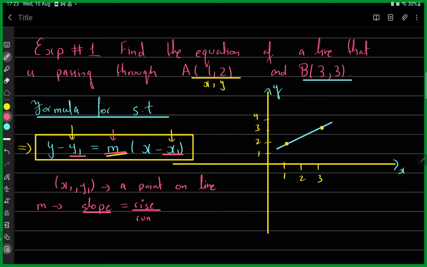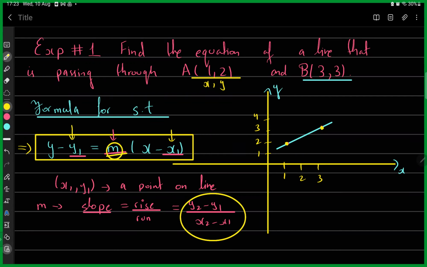Okay, how do we find slope? Now that is important. In order to find slope, you need to do y2 minus y1 divided by x2 minus x1. This is something that you need to remember. Okay, so in order to plug in slope over here, you first need to compute slope. And how exactly do we compute slope?